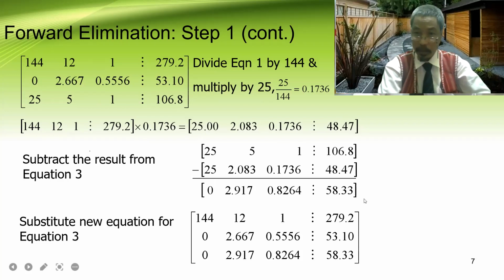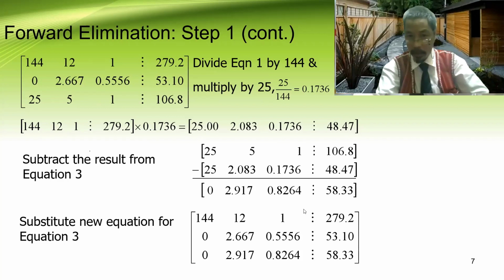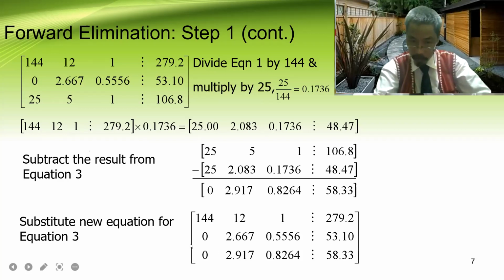We are using 4 significant digits. This is now our updated equation number 3, and put that in our matrix. So this is now our updated matrix form. You will notice we are able to do the first step, which is what?